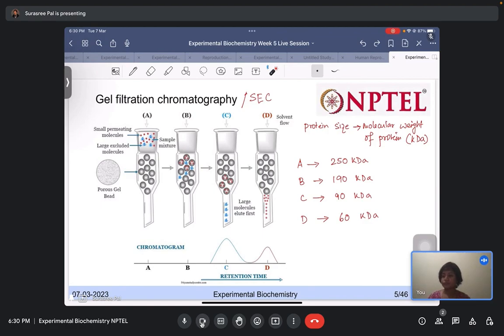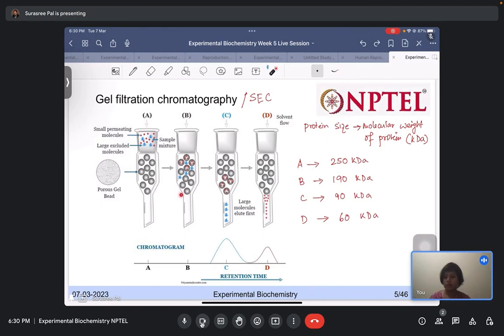Now these proteins will pass through this column, and the proteins can go inside these porous beads, in the pores of these beads.